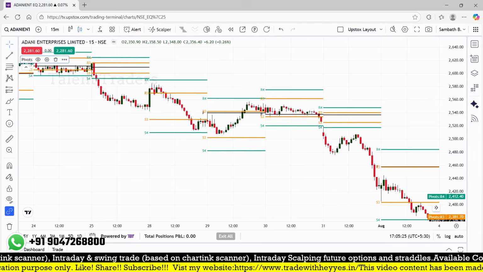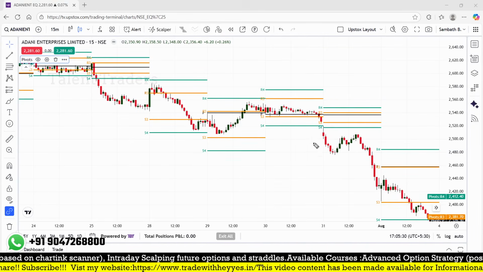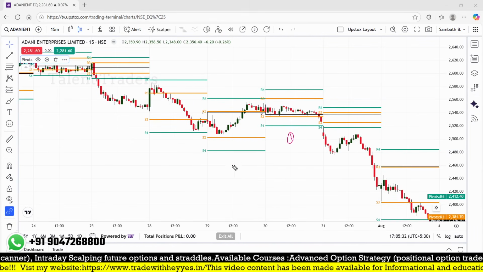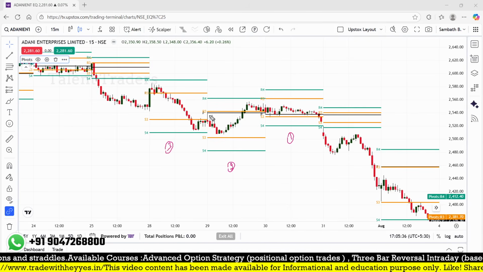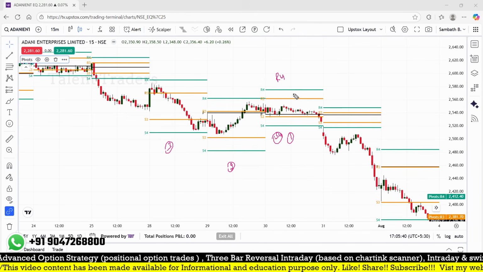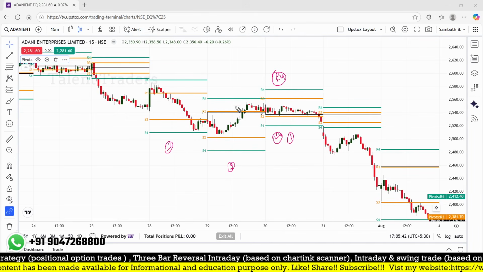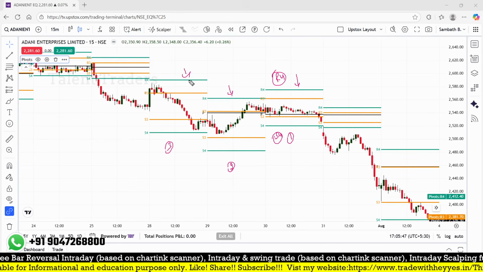So in this case, what type of scanner are you going to plan in this video? Last 3 days, for example, day 1, day 2 and day 3. On all 3 consecutive days, the R4 and the S4 are not broken on any of the days. So this R4 is not broken, on this particular day and the previous day also.